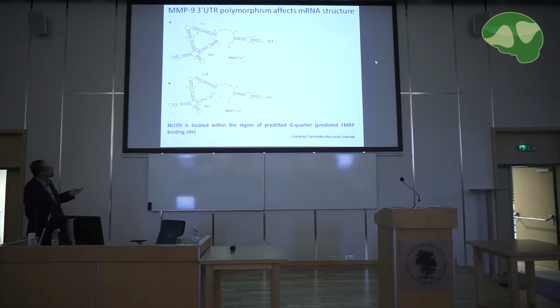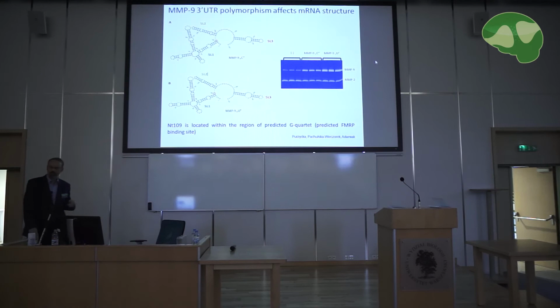Either you see there are 4 or 5 base pairs here. This secondary structure is located with the G quartet that I mentioned that binds FMRP. Okay? So we follow this, and it looks that since FMRP affects the level of MMP9, this level depends on the polymorphism variant, producing different levels of expression.